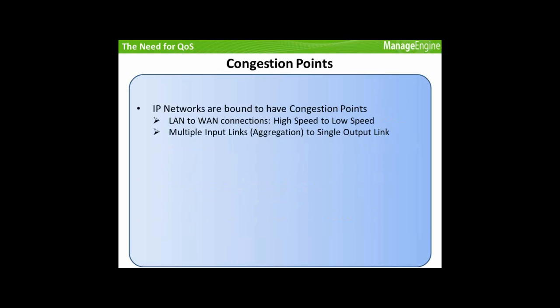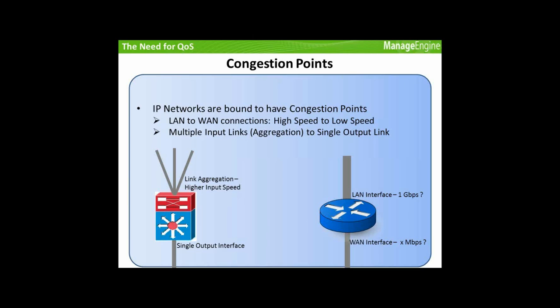Something else is congestion points. Today IP networks are bound to have congestion points, for reasons like what you see on the screen here. Link aggregation ends up having higher speed input interfaces going through a single output interface with lower speed. There is also the LAN to WAN connection.